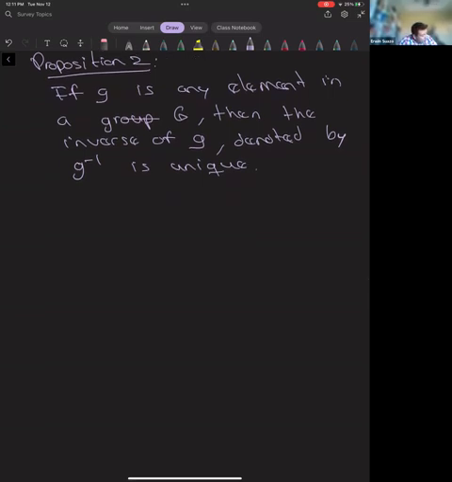Okay, so this one gives me a little bit more work. So please also try to prove it. I did several tries, and this is what I came up with.